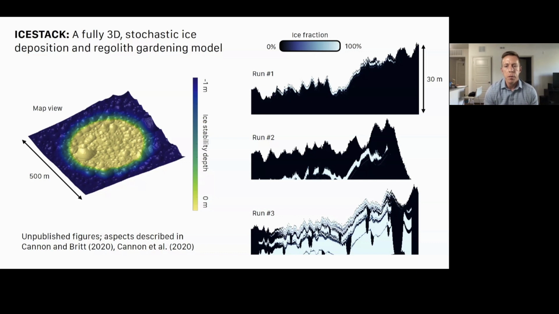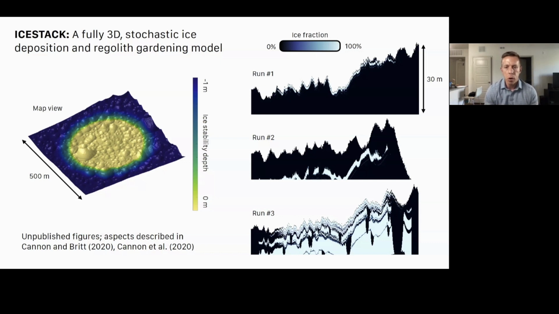And then on the right here, I'm showing just the really strong stochastic effects that you get in these models. So these are cross sections through the models. They're down to about 30 meters deep. And these are 3 different runs with the exact same starting conditions. The only thing that's changing here is the exact impact history of how ice has been delivered to the polar regions, mostly by hydrated asteroids.